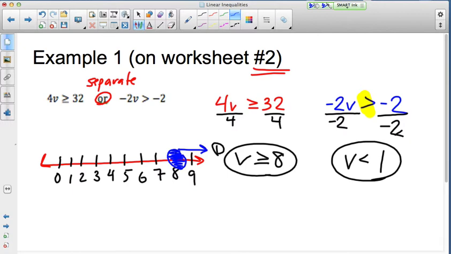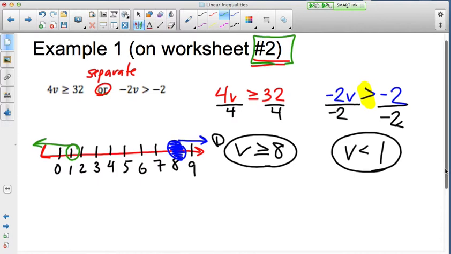And then for the second inequality, v is less than 1, I'm going to draw an open circle at 1, and then an arrow to the left showing values that are less than 1. So this would be the answer for your worksheet number 2, and this is how you solve compound inequalities and graph them on a number line.